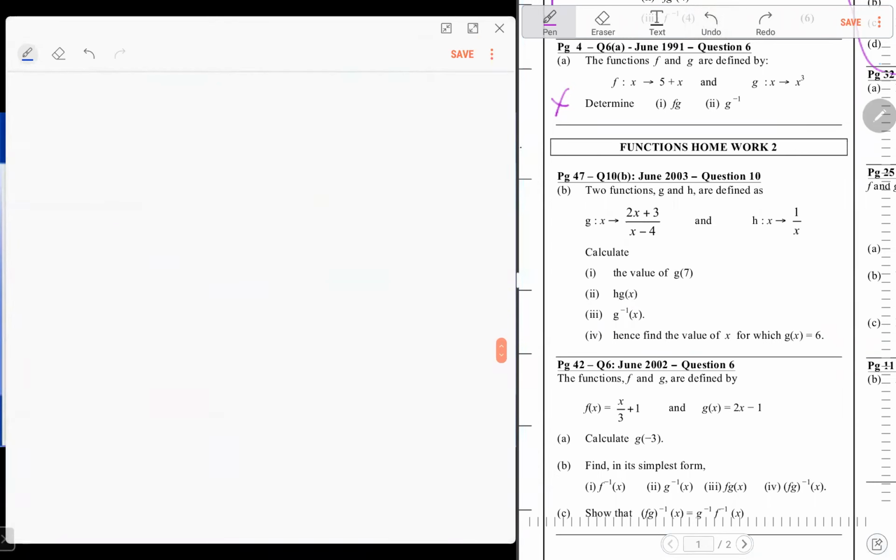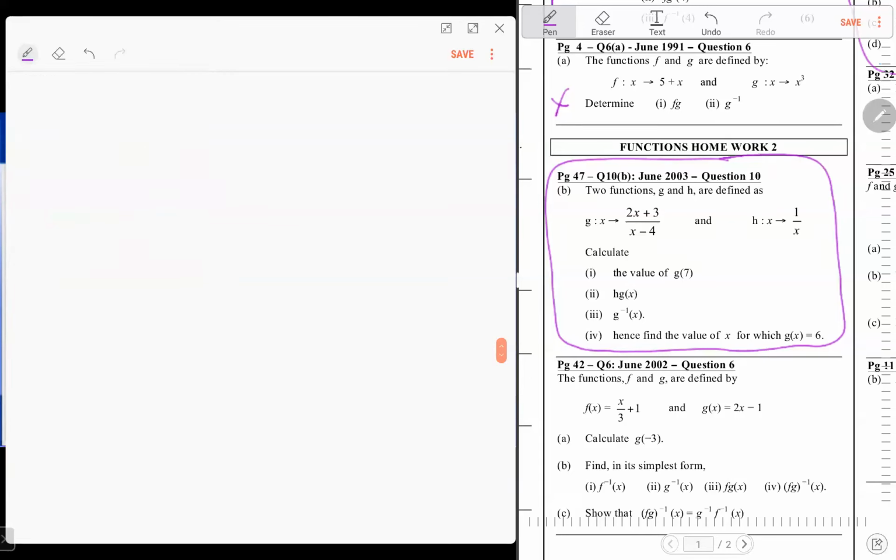Looking at this second question now, which is number 47. I'm going to run through all of it for revision, no problem. Let me get the purple.